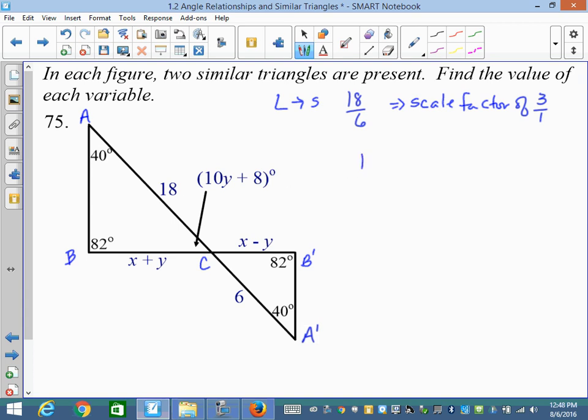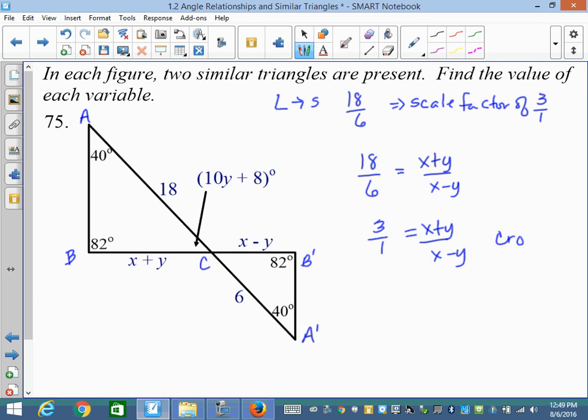I know that 18 goes to 6, which is my 3 to 1, and that is going to be the same as, remember, larger to smaller, x plus y over x minus y. So I have 3 to 1 equals x plus y over x minus y.